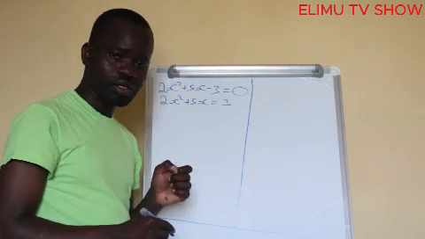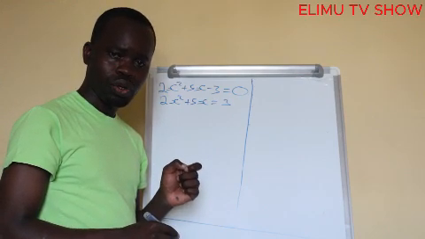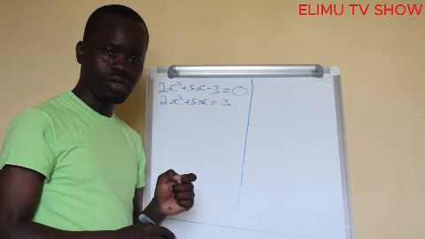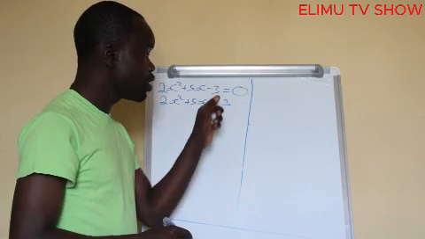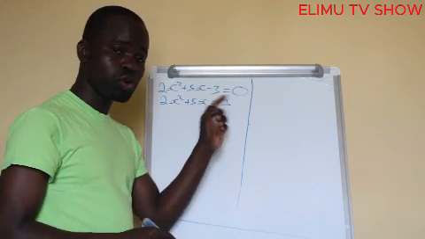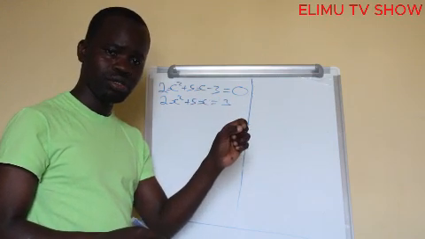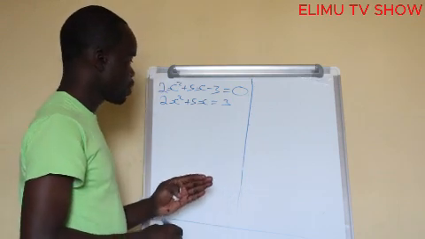You have to understand that whenever a digit crosses an equal sign, the sign must change. That's the reason why negative 3 becomes positive once it crosses to the other side of the equal sign.